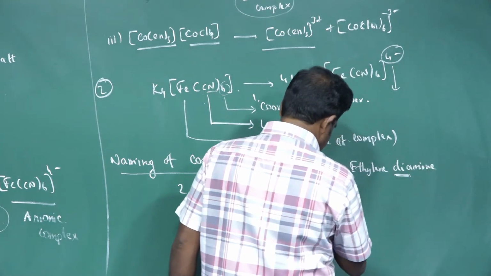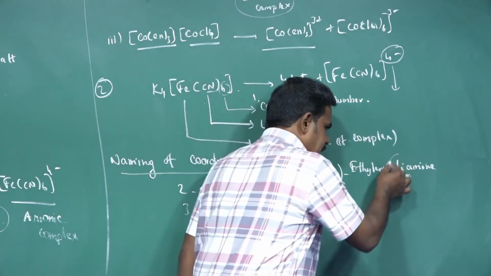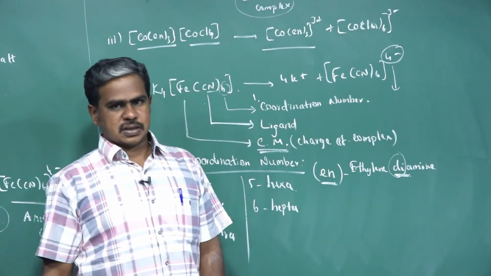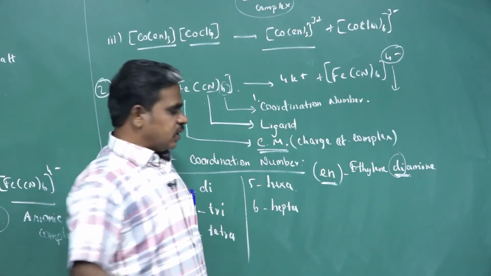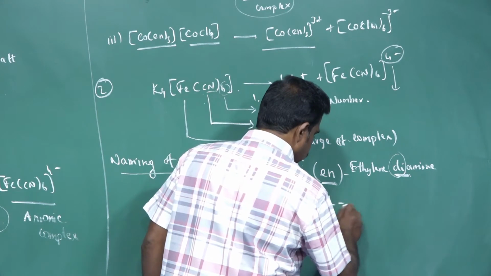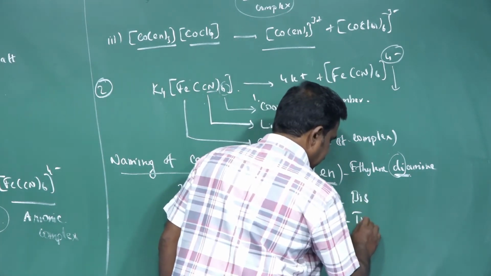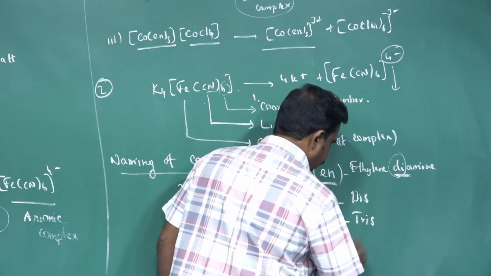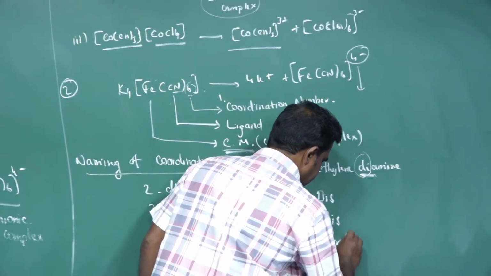And here it is considered as a ligand, and in this ligand a di is present. So for this type of complexes, if it is 2, then it is bis. 3, then it is tris. 4, then it is tetrakis.